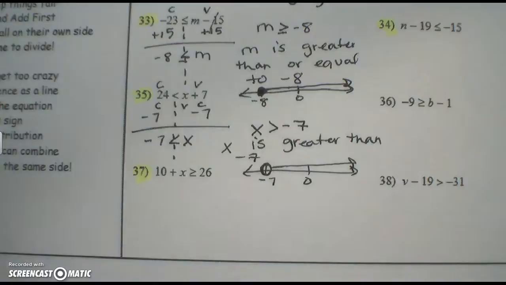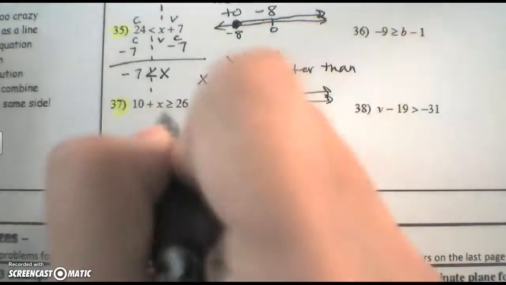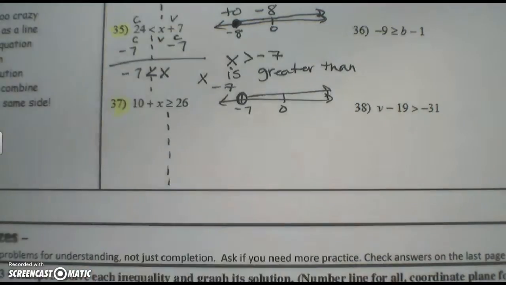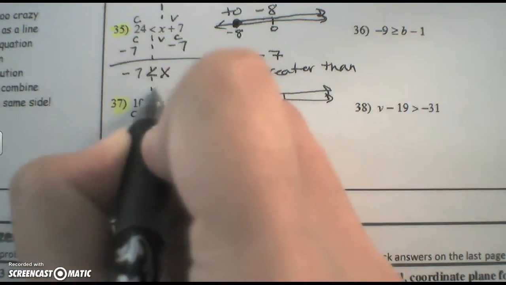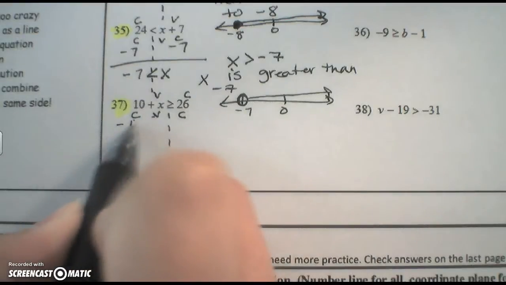All right, let's take a look at number 37, a couple more together here. So we've got fence as a line, check for distribution, nope. Combine like terms on the same side, nope. Get our variables here, put our constants there, do the opposite operation just to keep things fair. So constant, variable, constant. There's our variable and our Constantville. So variables stay, constants, opposite operation.